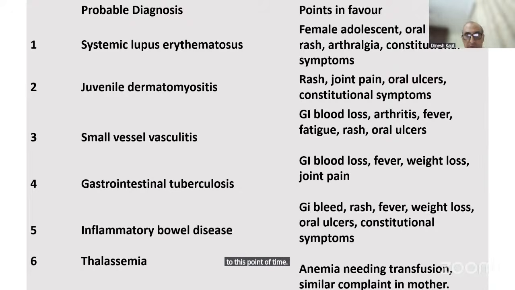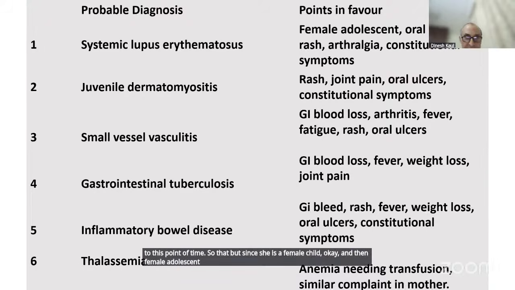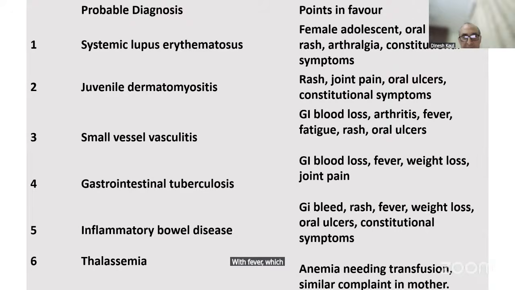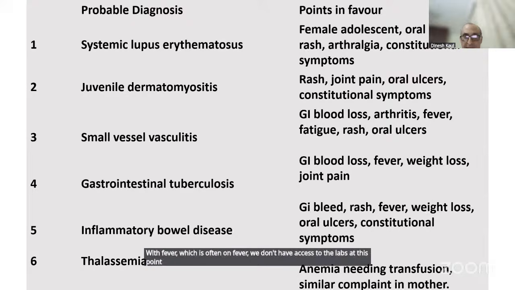But since she is a female child, a female adolescent with rash, with joint involvement, with fever, which is off and on fever, we don't have access to the labs at this point of time. But there are no CNS manifestations.